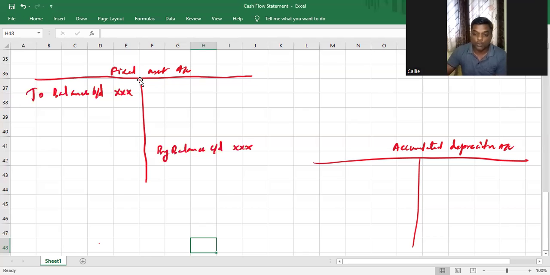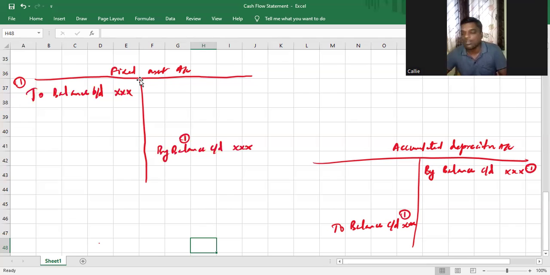And likewise, in accumulated depreciation, as it is a liability account, we'll have the opening balance on the credit side, and the closing balance on the debit side. Understood? So this is the first thing that we have to do. Write the opening balance and closing balance of the fixed asset account and accumulated depreciation account. Okay, so that we have done.